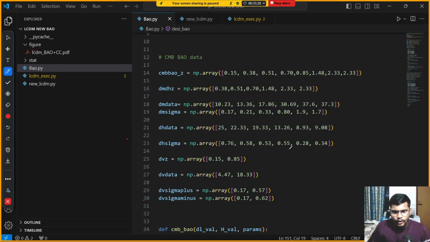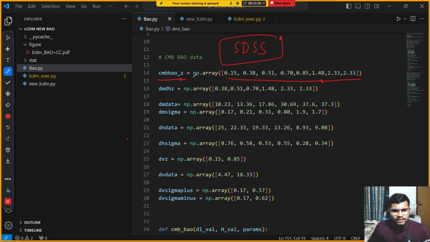Let me tell you that I'm going to publish this code in my GitHub repository. You can just find it there. First of all, I'm going to tell you what I have done over here. The data that I have obtained from SDSS, I'm going to label it as CMB BAO. It has 8 points.